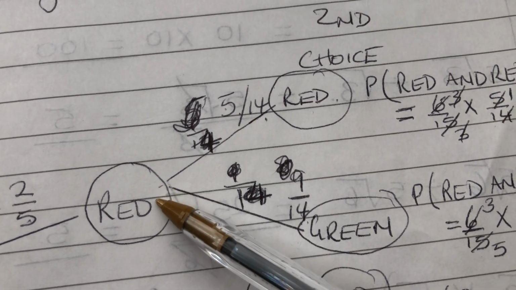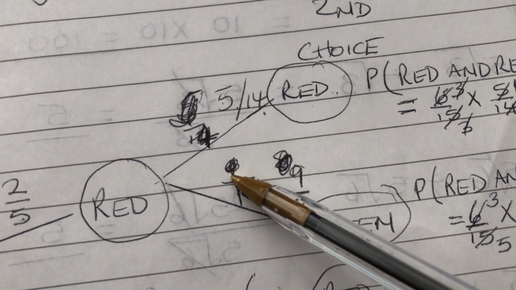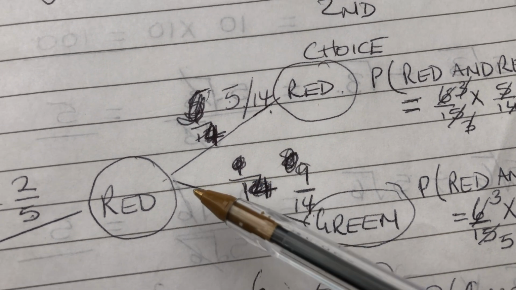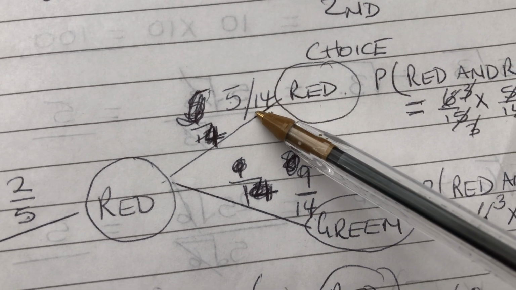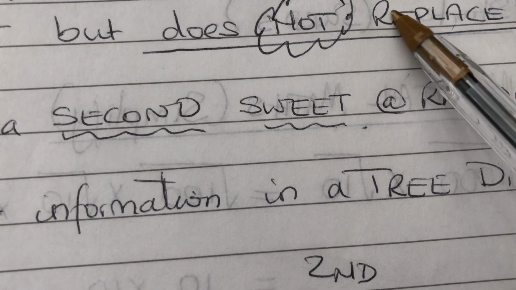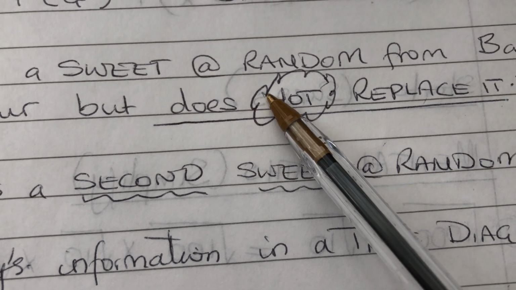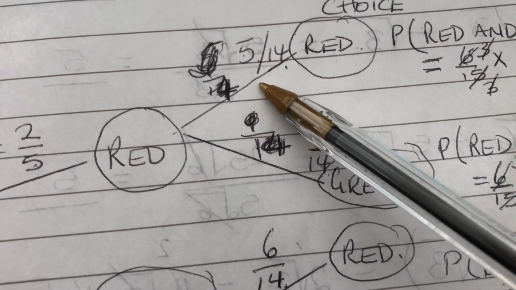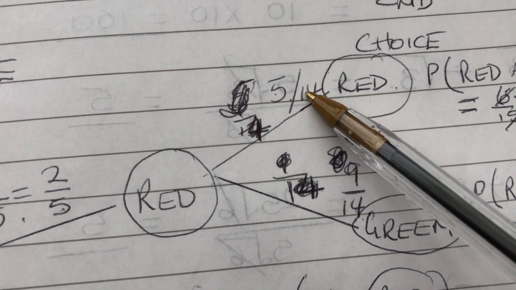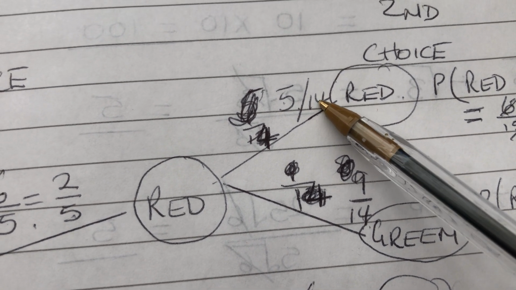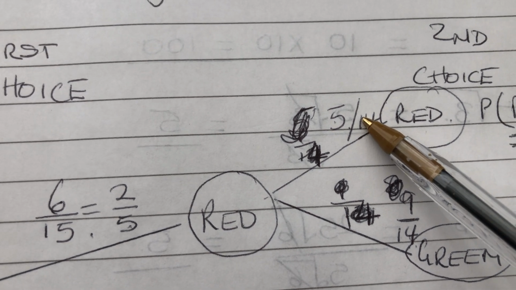So now she takes the second one. The first one wasn't replaced. It says here not replaced. So now we have 14 in the bag. There are 14 in total.